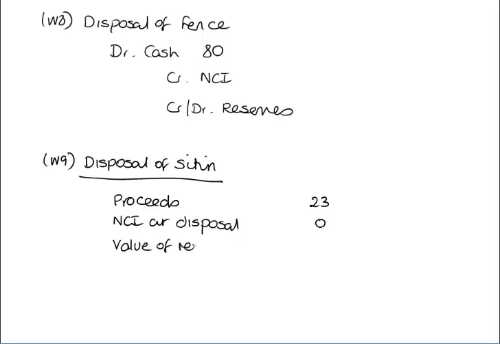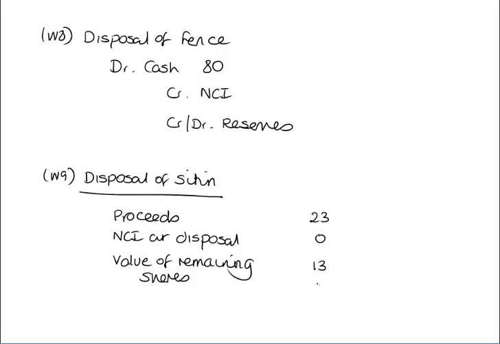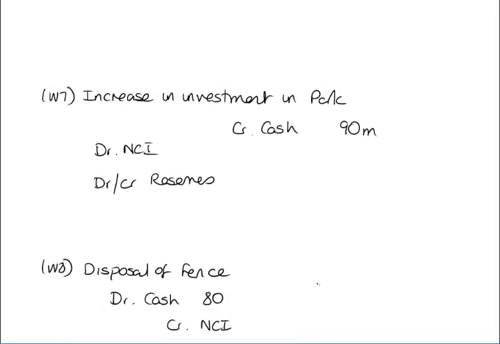We're going to add on to that the value of the remaining shares. And it says the sale proceeds were 23 million and the remaining equity instrument was fair valued at 13 million. So I'm going to put that in at 13 million. Grange could still exert significant influence. So can you see the value of the remaining shares is 13 million.